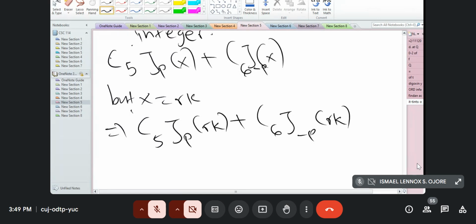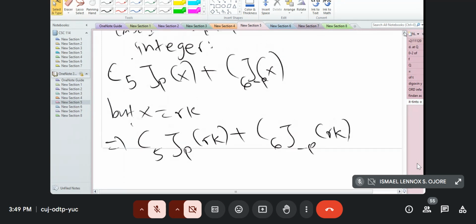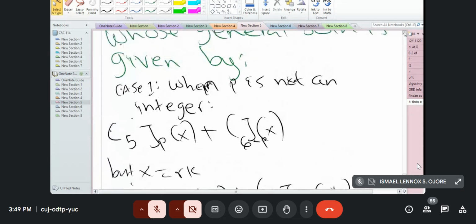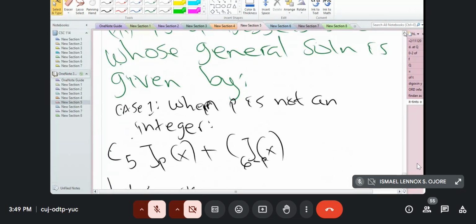Excuse me, could you scroll back a bit? So when you solve the Bessel's differential equation, you end up with Bessel functions up to what point? Is this okay?